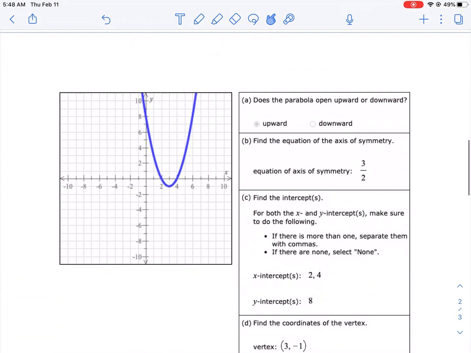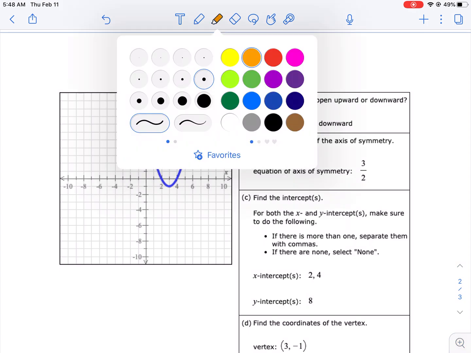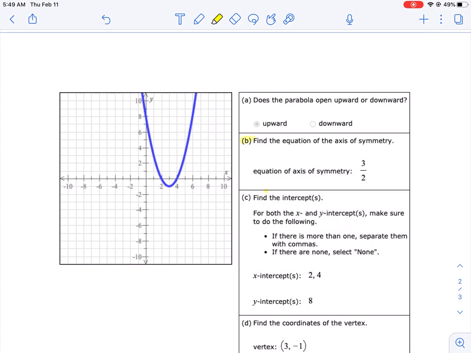Okay, this problem. You have everything right except for part B. Now, if I look at this problem, if I split my parabola, I split it right through the vertex, don't I?